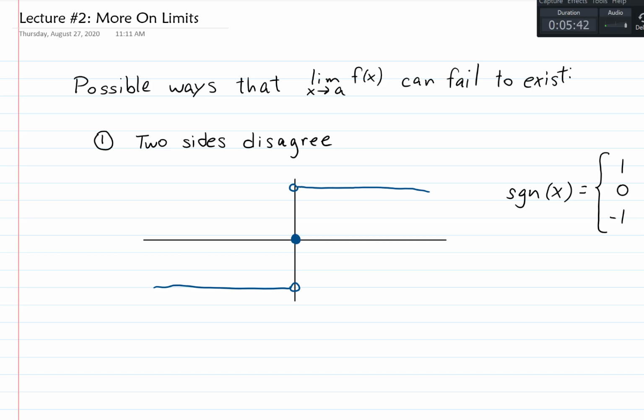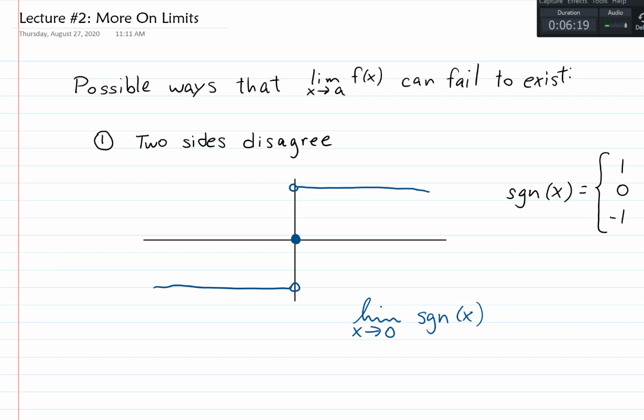Okay, so let me ask you a question. Does the signum of 0 exist? Yes, it does. It equals 0, right? Does the limit of the signum of x exist as x approaches 0?